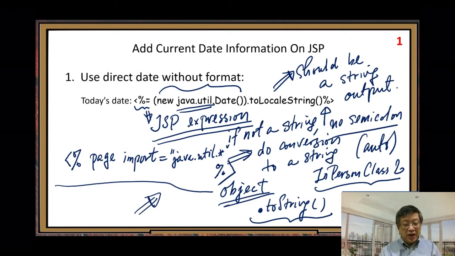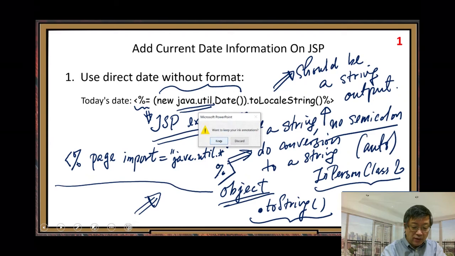All right, so that's about the first one, direct date without format. Just one line, copy, paste, put in your JSP page. You will see our first dynamic piece of information. Now let me show you. We run the program and see the result.